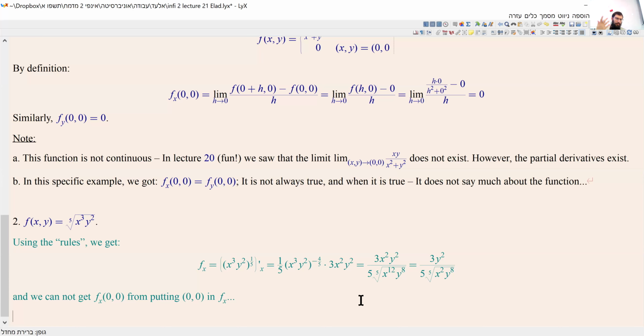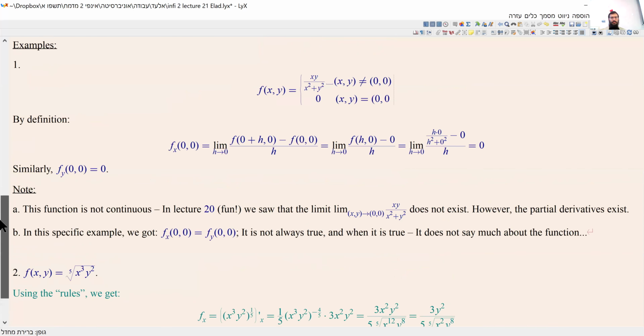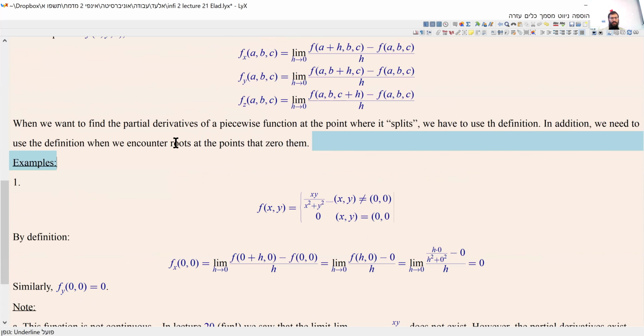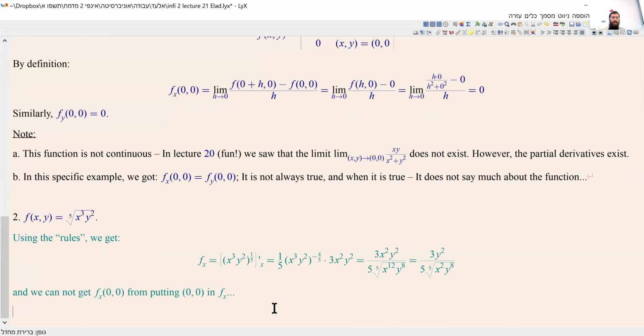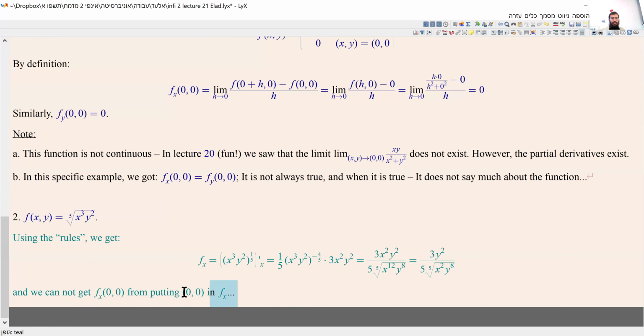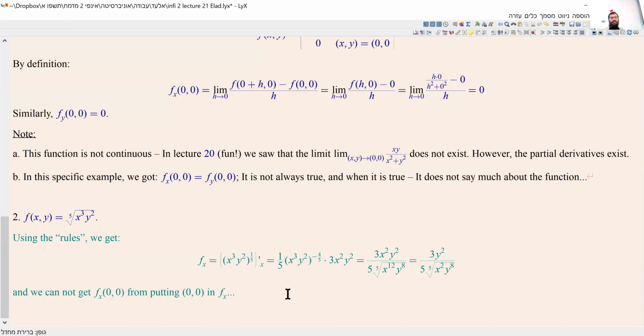However, as I mentioned before, when it comes to roots at points that zero them, we need to look at the definition. It doesn't mean that fx is not differentiable at 0,0. It means we need to use the definition.